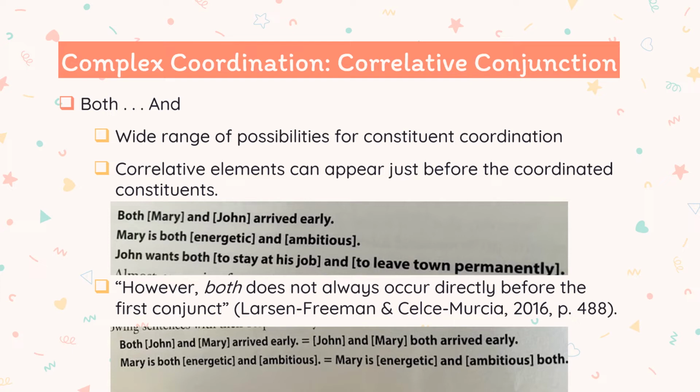You can see in the second example that you can move the both to after John and Mary. Mary is both energetic and ambitious, but you could also say Mary is energetic and ambitious, both. However, to me that sounds a little bit more awkward, but this is from the textbook.